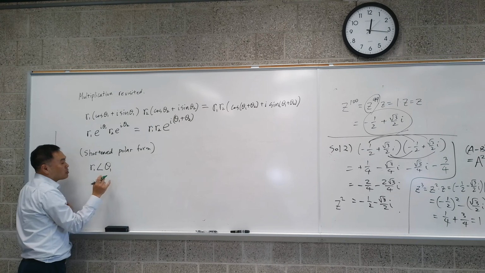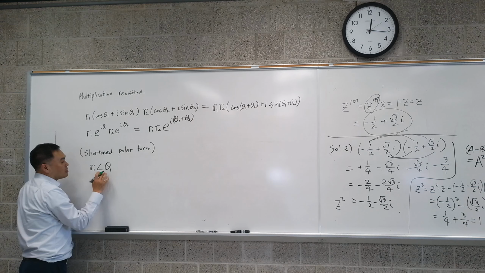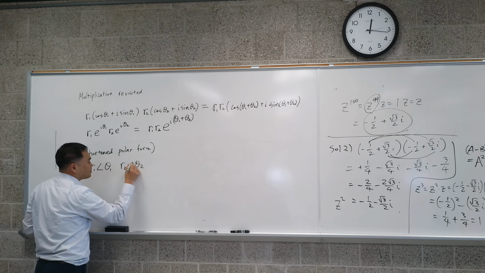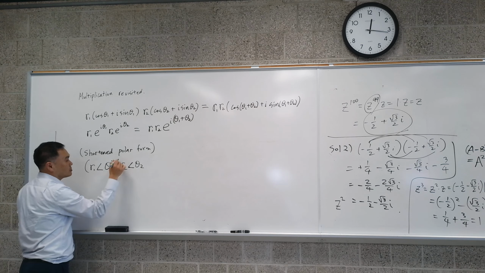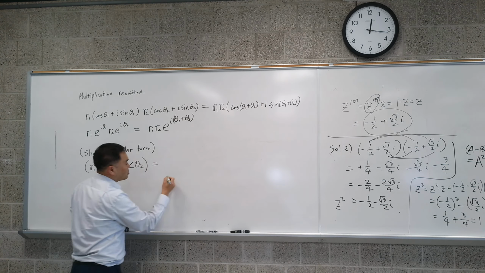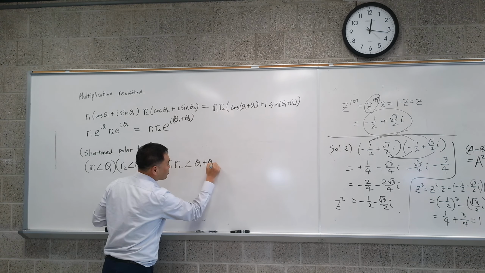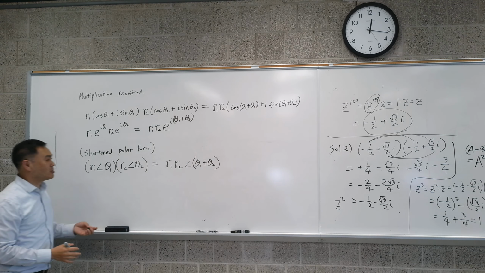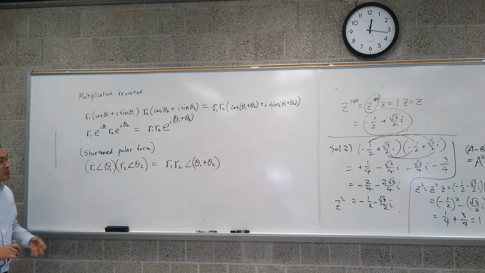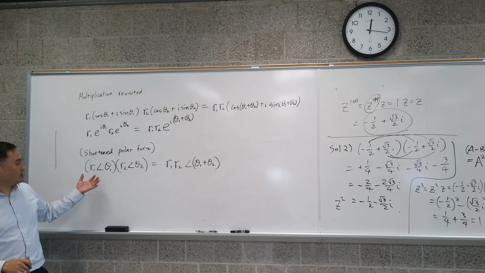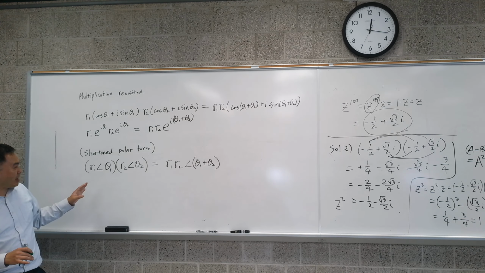So if you take this shorthand polar form, then R1 angle theta 1 times R2 angle theta 2 is R1 times R2 angle theta 1 plus theta 2. And this actually gives you a simpler view of what's happening.